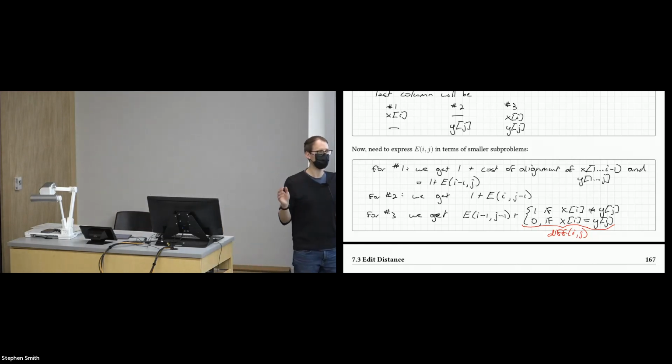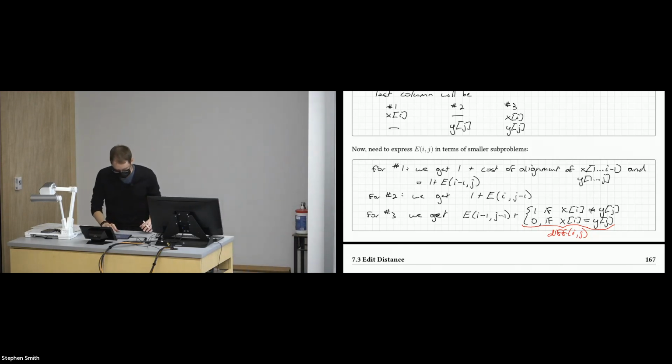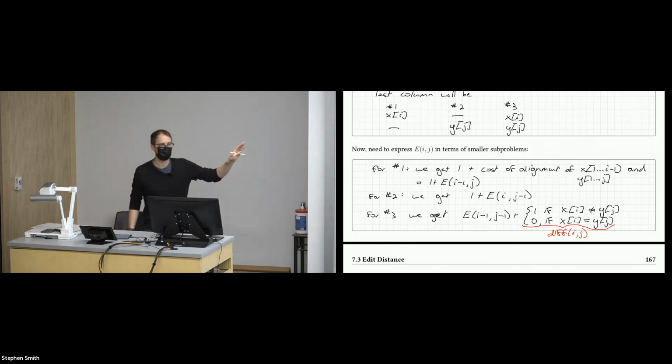And so which alignment I should use is the one that's the cheapest of those three. Any questions just on what I'm doing here? Is it making sense?